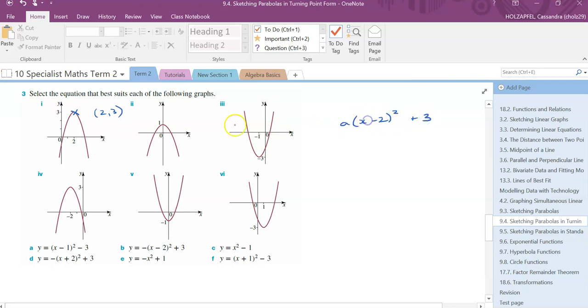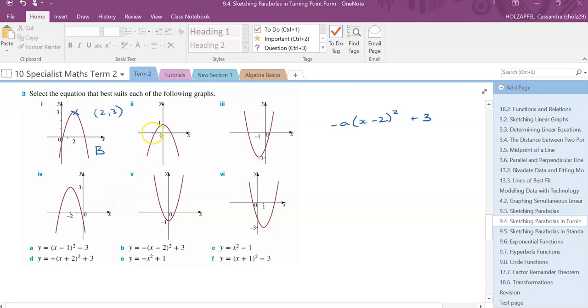Now, I don't know what this value a is out the front here, but if I was given some other coordinate or some other point, I could probably determine what that was going to be. So do I have one on here that's similar to that? Oh, sorry, and also it's a sad parabola, so it's going to be some negative value. And the one that looks closest, I think, is going to be B. So let's write B for this graph here.